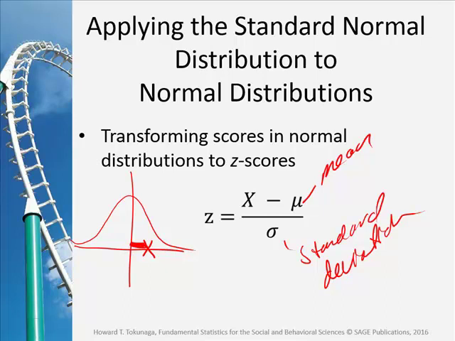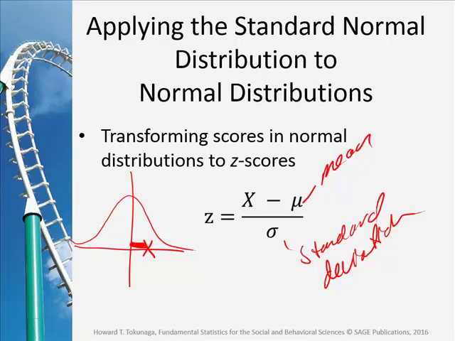That tells me the distance. But we know that on a standard curve, the distance from the mean isn't the important thing. What is the important thing? Think back to the empirical rule. Is it the distance from the mean that's the important thing? The important thing is the distance from the mean relative to what the standard deviation is.